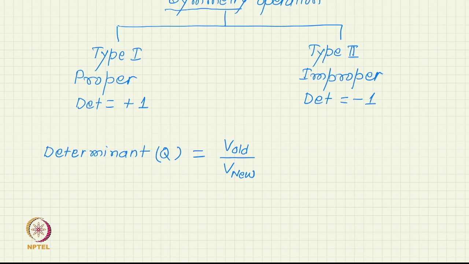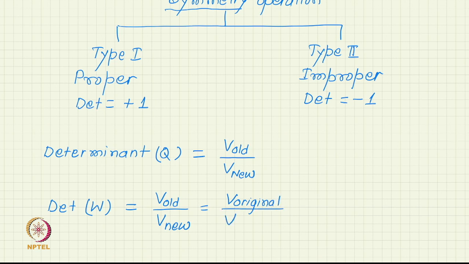Exactly the same argument is there for determinant of W also: it is V old by V new. Old is original, and new is the image of the original or transformed original. So you can call it V image.